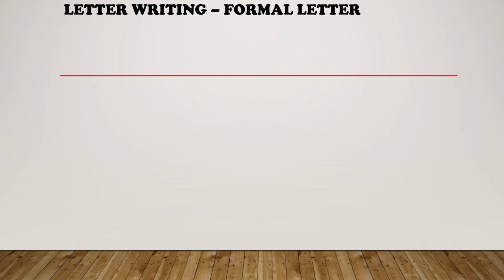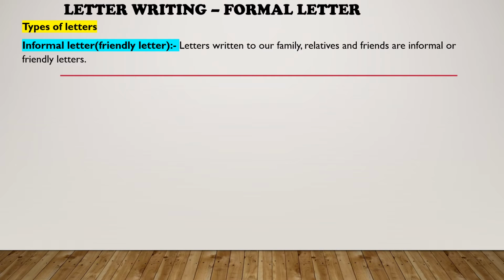So here we are having two types of letters. We're having the topic of letter writing, that's the formal letter, and there are types of letters here. One is the informal letter, which is also called a friendly letter.